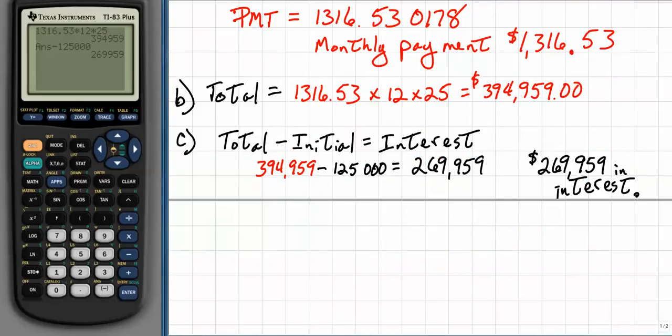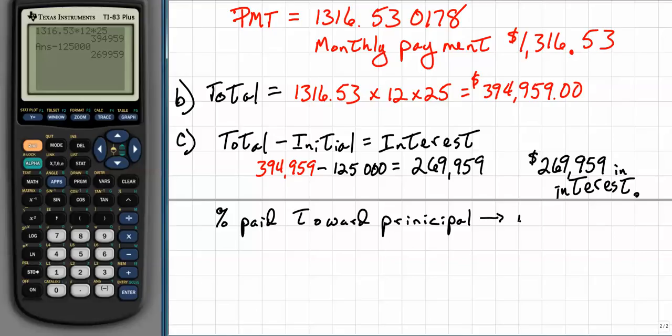But we're not quite done with this because we need the percent paid toward principal, which in this case we'll simply take the amount that we paid towards the principal, which in this case will be $125,000, and we will divide that by the total payment, which was $394,959.